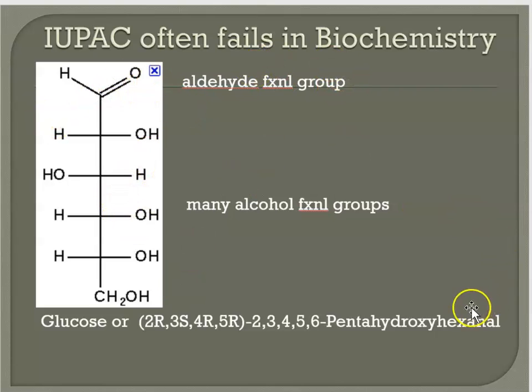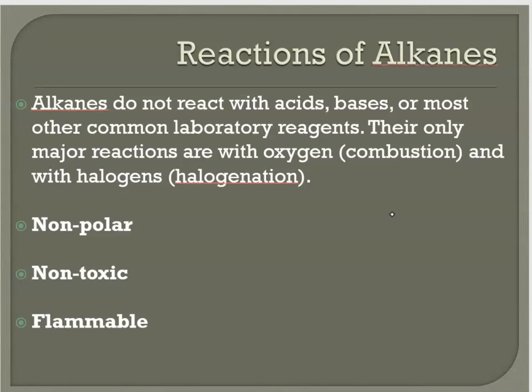There's the AL ending, which suggests it's an aldehyde functional group, multiple hydroxyl functional groups on here, so that's what the 2, 3, 4 hydroxy part is. So that is how we would name this compound, but in biochemistry a lot of times we're not going to be using IUPAC.